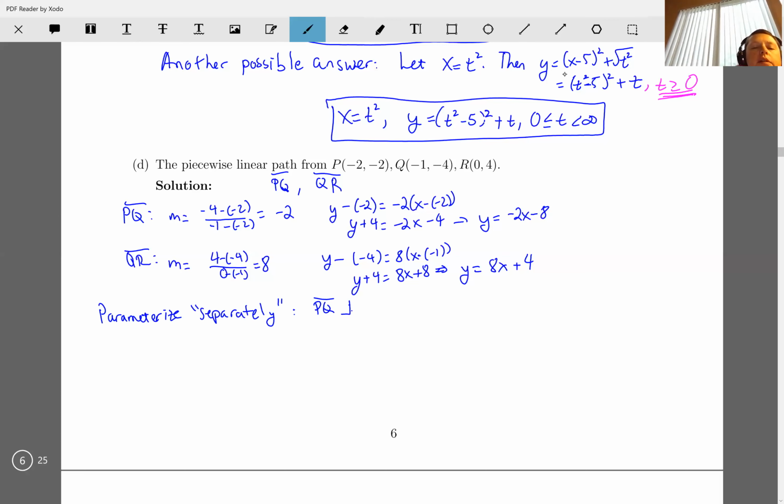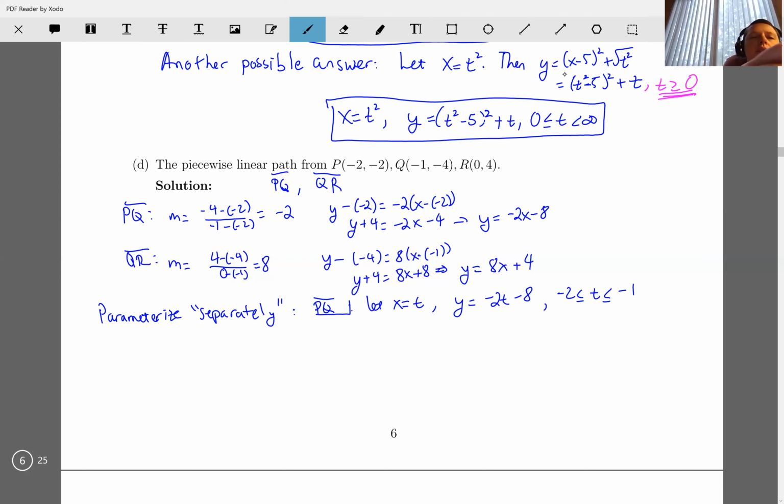So I would let x equal t, if I want to do the same thing. And then y is going to be -2t minus 8. And that would be x going from -2 to 1, so t goes from -2 to 1. And again, that came from the fact that I'm going from P to Q.